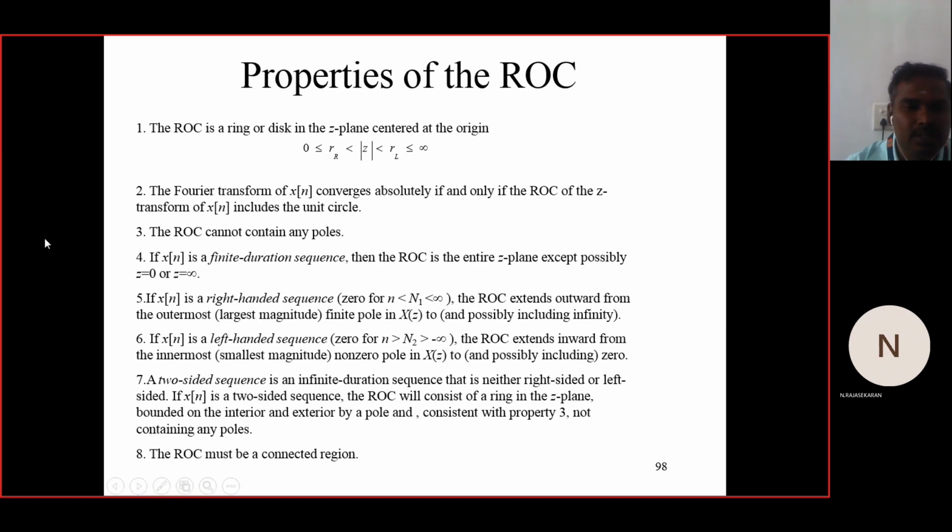If x of n is a left-handed sequence, 0 for n greater than n2, then the ROC extends inward from the innermost non-zero pole in x of z to 0. A two-sided sequence is an infinite duration sequence that is neither right-handed nor left-handed. If x of n is a two-sided sequence, then the ROC will consist of a ring in the Z plane bounded on the interior and exterior by a pole, consistent with property 3 of not containing any poles. The ROC must be a connected region.